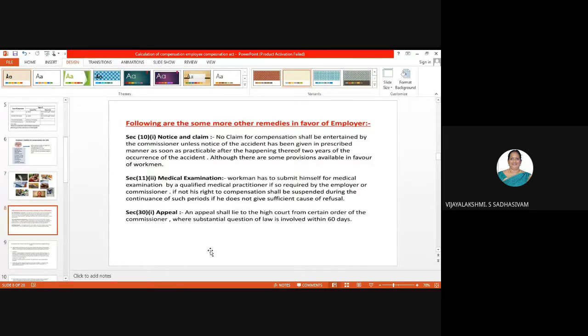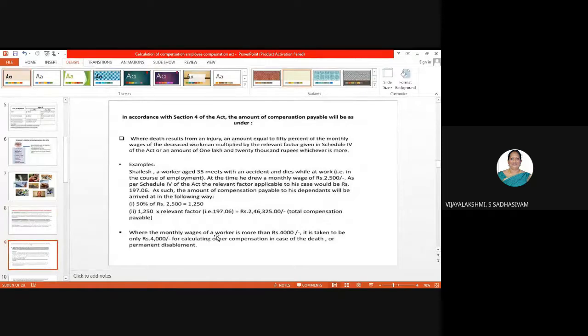Then regarding appeal, whether the appeal can be done. Under section 30, subsection 1, an appeal shall lie to the High Court within 60 days, where a substantial question of law is involved. Within 60 days, he can go for an appeal.